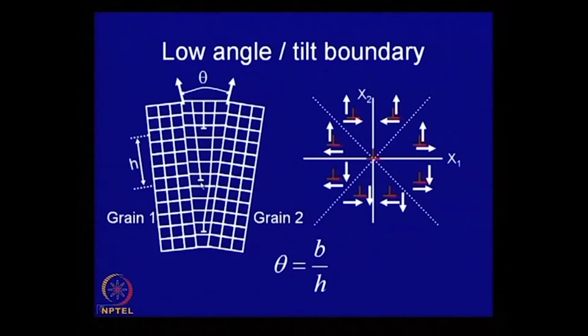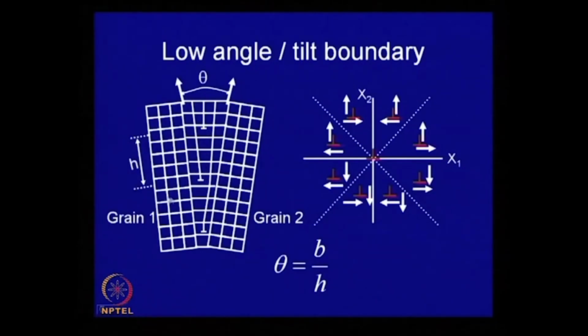Now, for that first step you need to find out the distance between the two dislocations. This distance is very easy to find. If you have one dislocation, there will be a displacement in this direction. The displacement is b, and b over h is the angle.